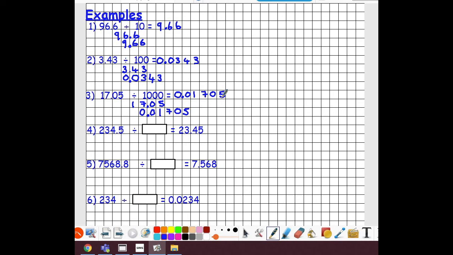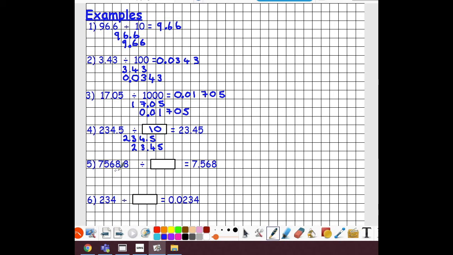So next we've got examples where we need to fill in the missing value. So we're starting with 234.5 and we're ending up with 23.45. We can see here that each digit has moved one place to the right. If it moves one place to the right, it means we must have divided by 10 to get to our answer.